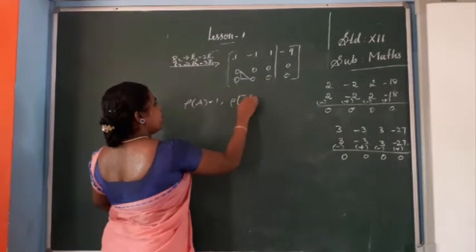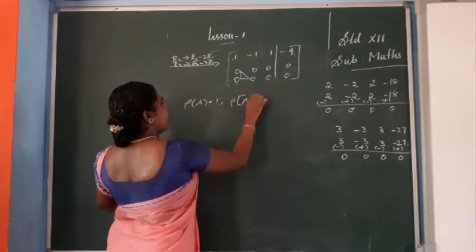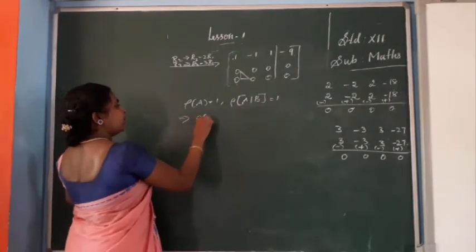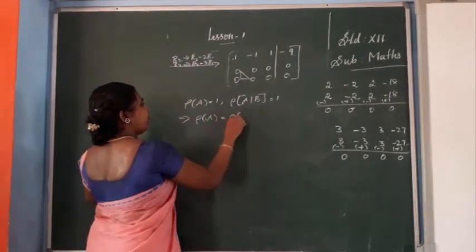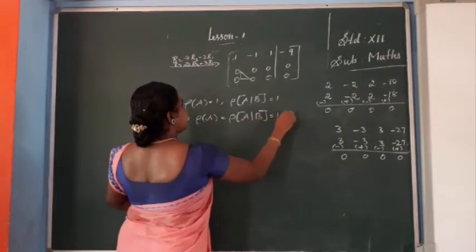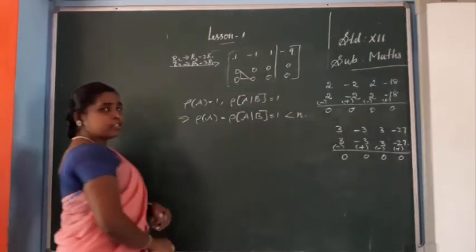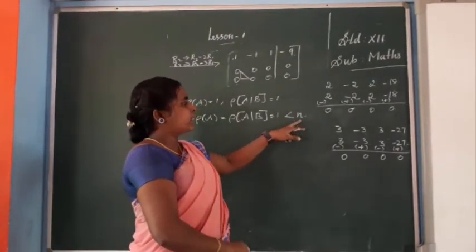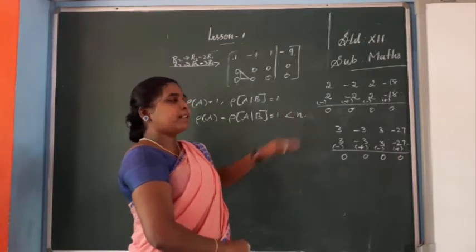So rank of A bar B is also 1. Next, rank of A equal to rank of AB equal to 1, which is less than the number of unknowns. The number of unknowns is x, y, z, that is 3. Okay, 1 is less than 3.